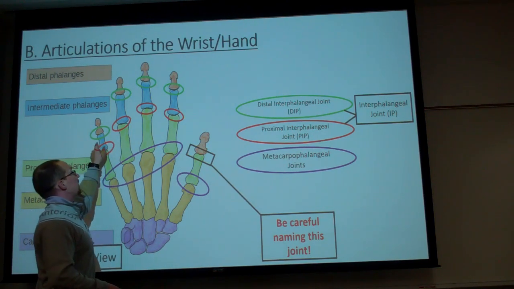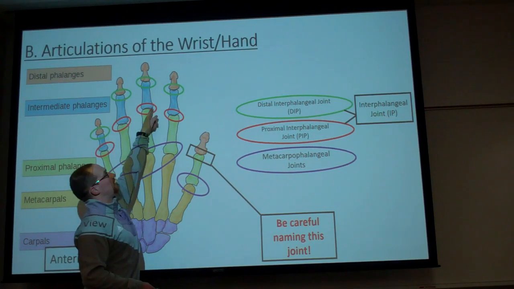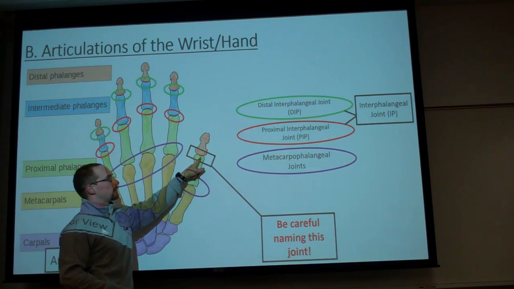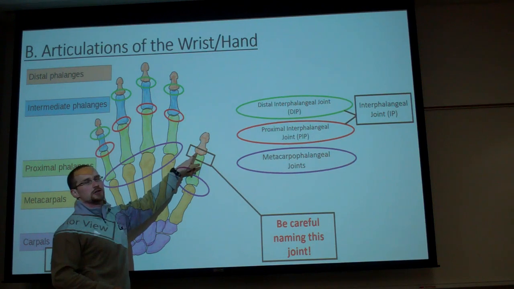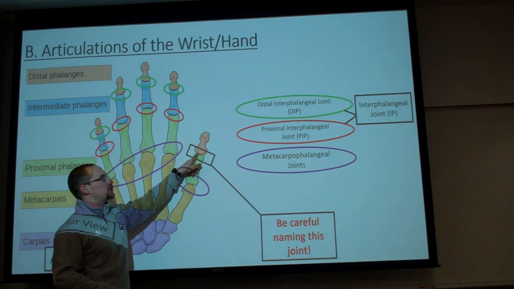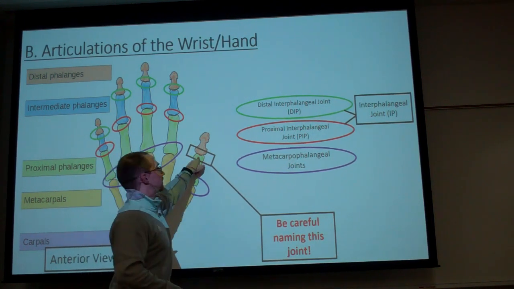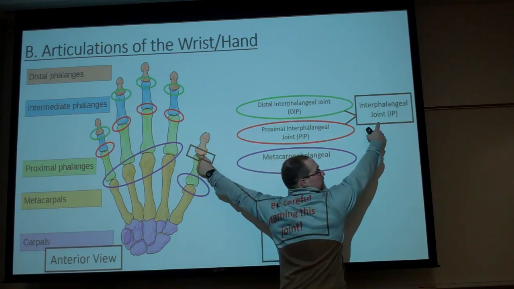Now notice again, because we do not have middle phalanges on our thumb, this is not considered a proximal or distal interphalangeal joint. This is just an interphalangeal joint. So this would just be that.